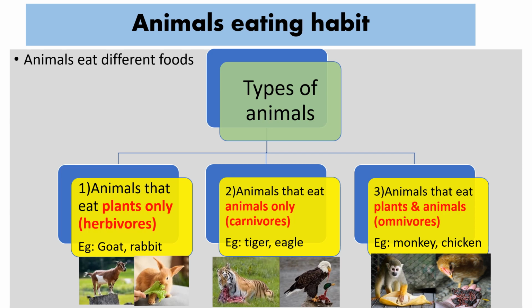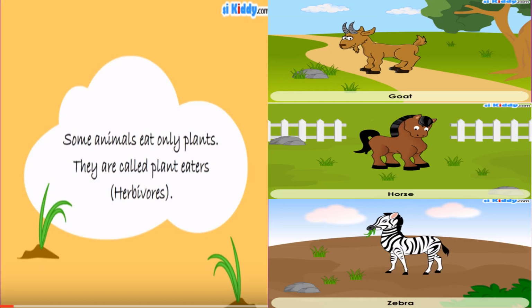And the third type is animals that eat plants and animals. Examples here are monkey and chicken. Okay, in this slide you will see a few examples of animals that eat plants only. They are called plant eaters or herbivore. Examples here are goat, horse, and zebra.